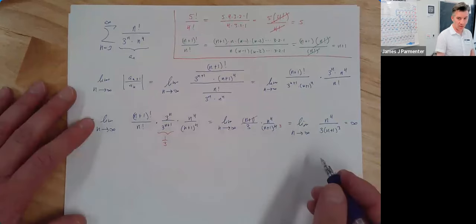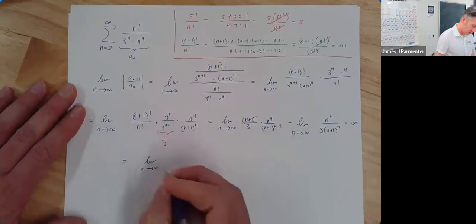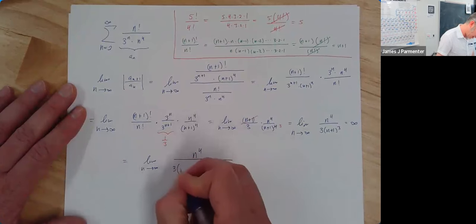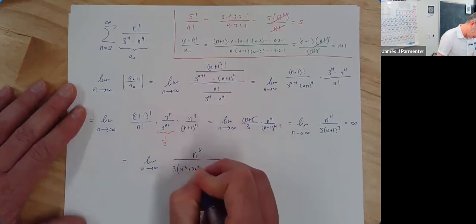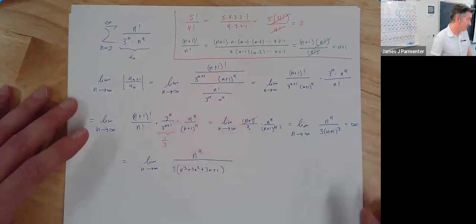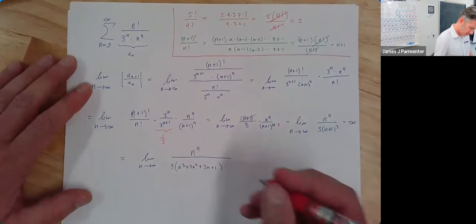Let me do a little more work. You've got n to the fourth over 3 times (n cubed plus 3n squared plus 3n plus 1). But the top is definitely getting bigger faster. If you really want, you can show the work of dividing the top and bottom by n cubed.